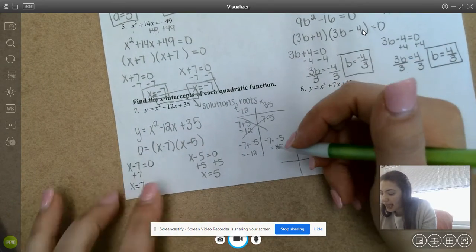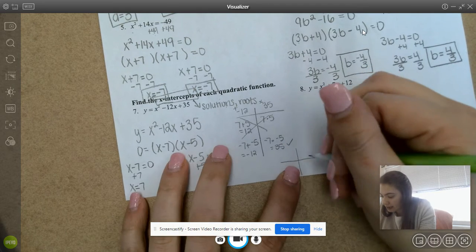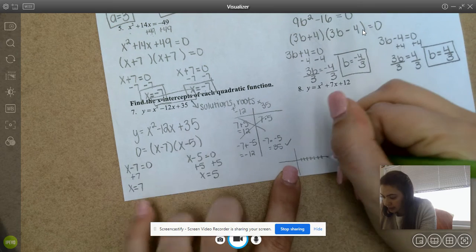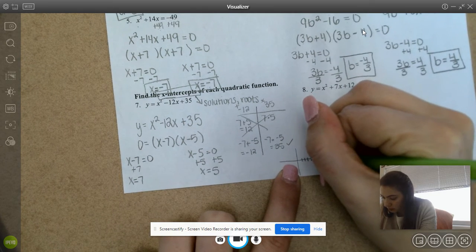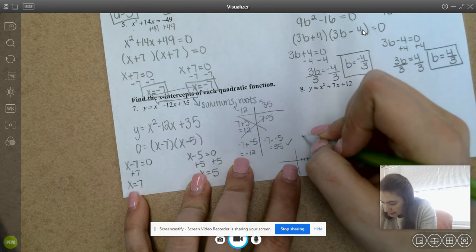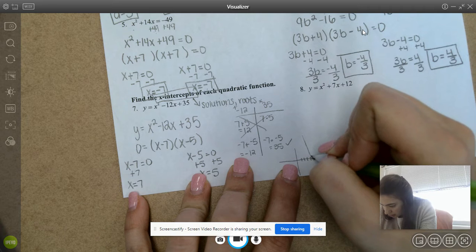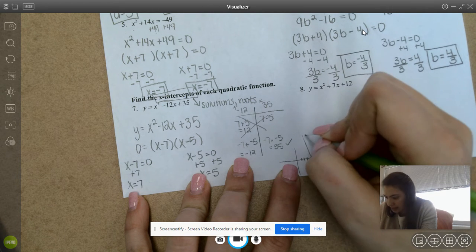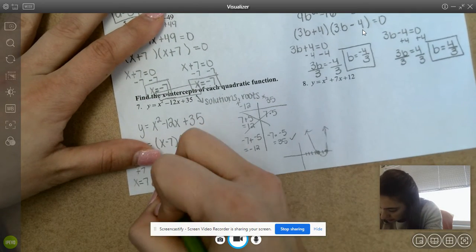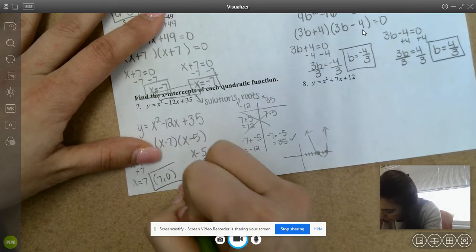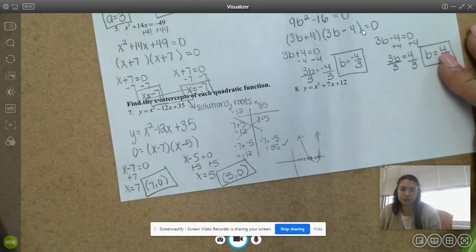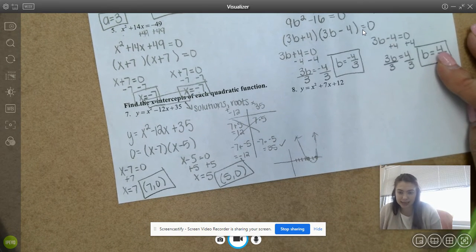But if we have solutions at 7 and 5, what this means is that your parabola is crossing through the x-axis, and it's sitting somewhere like this. So what are these 2 x-intercepts? Well, that's the point 7, 0 and 5, 0. Those are the x-intercepts.